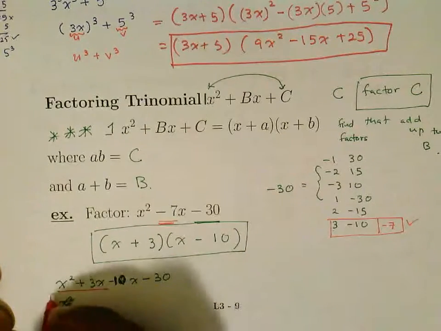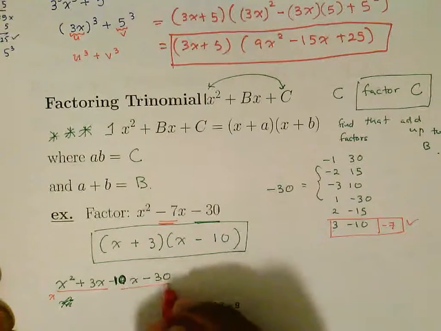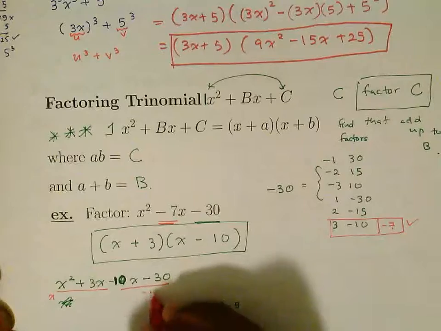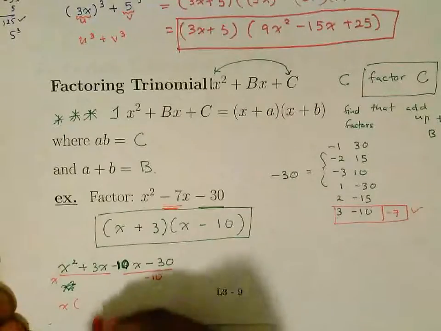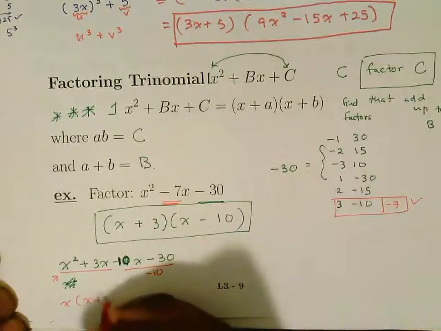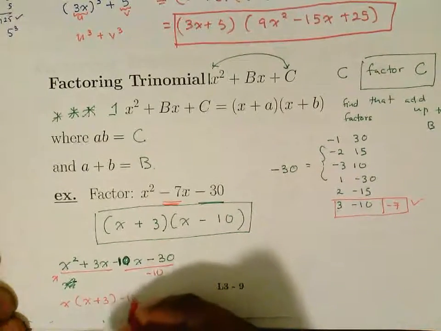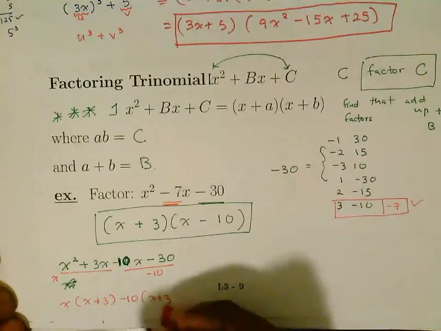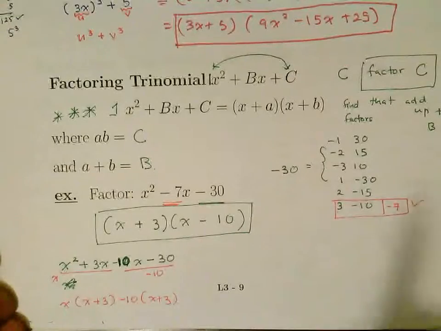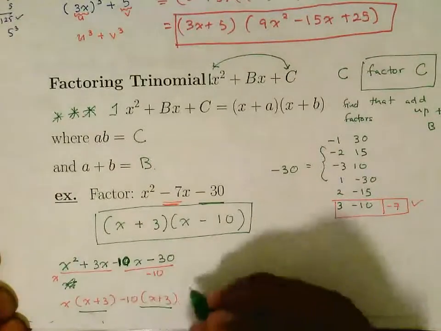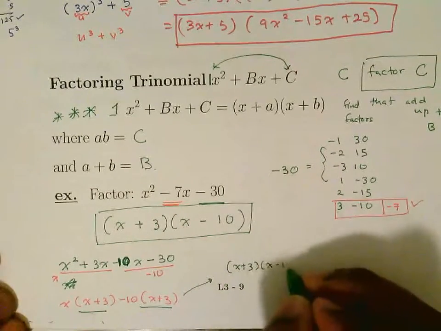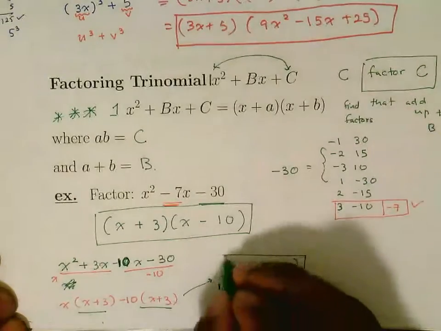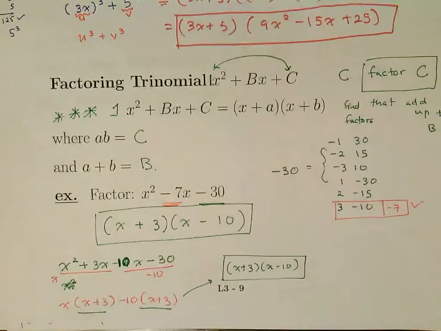The common factor for this is x, and common factor for this is, let's say, negative 10. So take out x, you get x plus 3, and you take out negative 10, you get x plus 3. So x plus 3 is a common factor. You end up with x plus 3 times x minus 10, and that's it. So either way you get the correct answer.